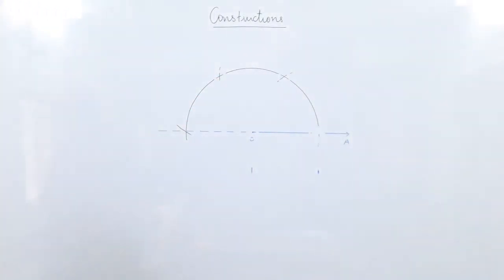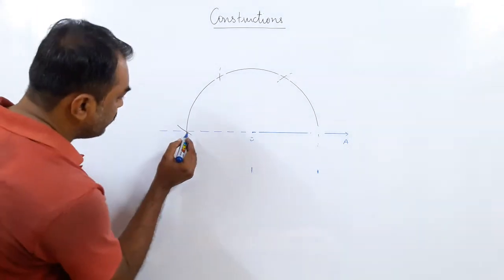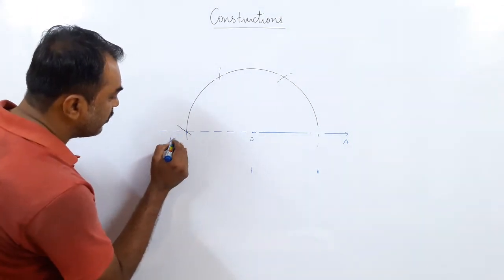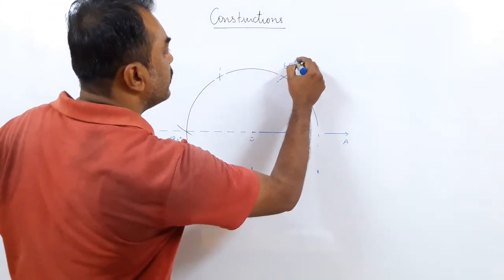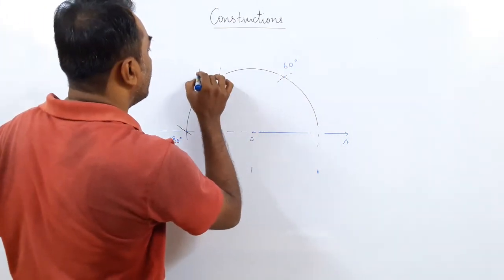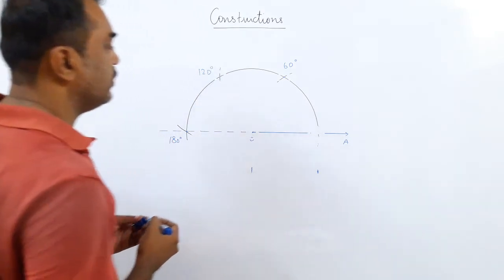Okay, so this time I almost got it correctly. I hope you can see. This time I am much nearer. I have got this almost meeting here, yes, at the 180 degree. So this time the readings look more accurate to me: the 60 degree and the 120 degree.